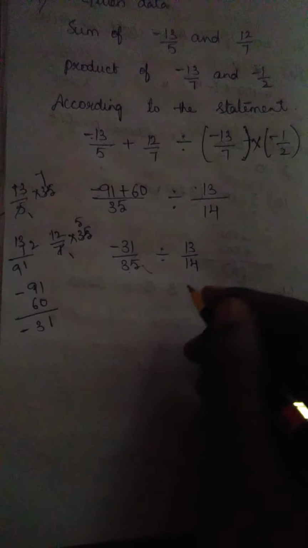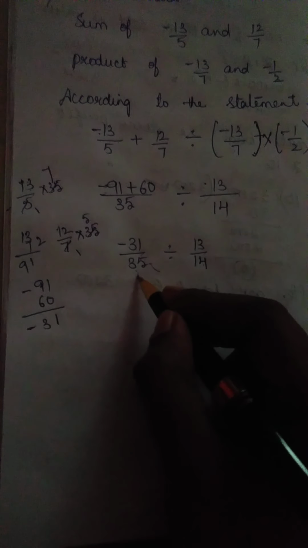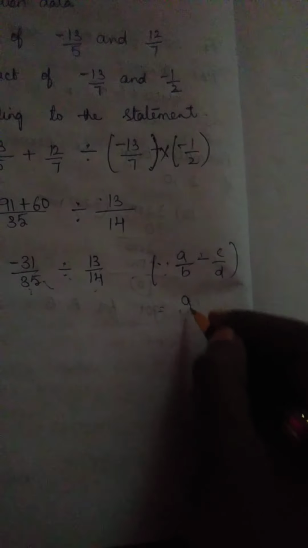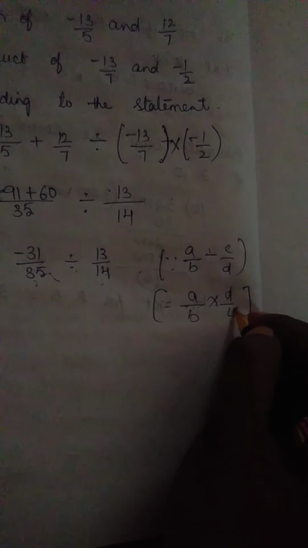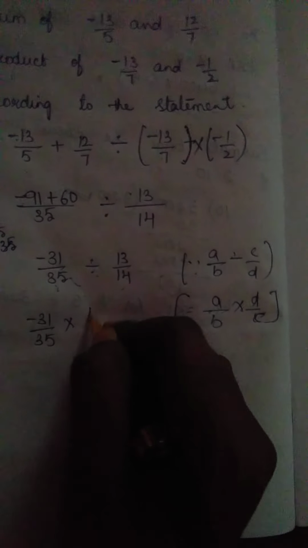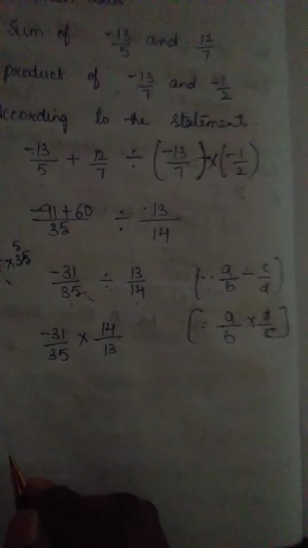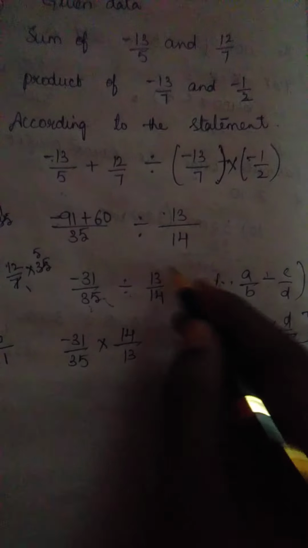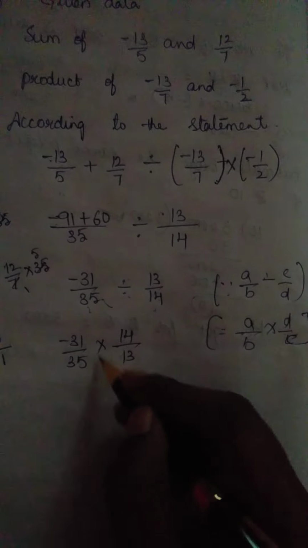If you have a by b divided by c by d, then the formula is a by b into d by c. Here minus 31 by 35 into 14 by 13. This is written as the reciprocal when you come to the multiplication.